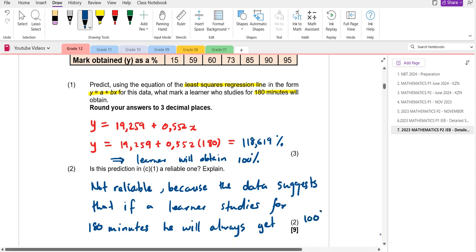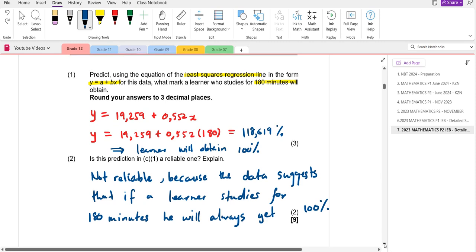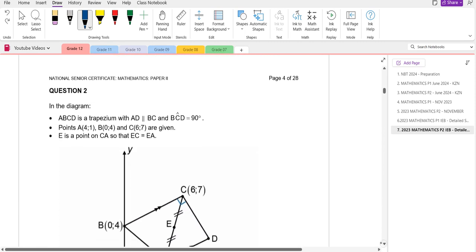So that's the reason why it is unreliable. I hope you guys are understanding. Let's move on to the next question.